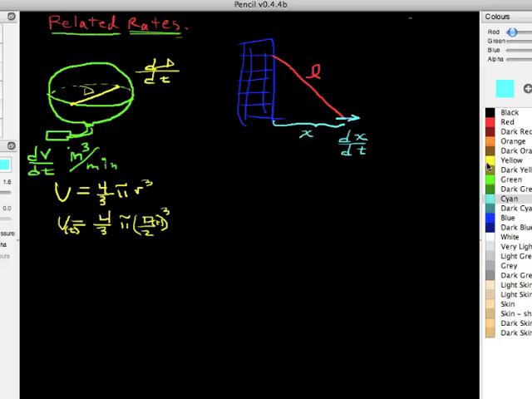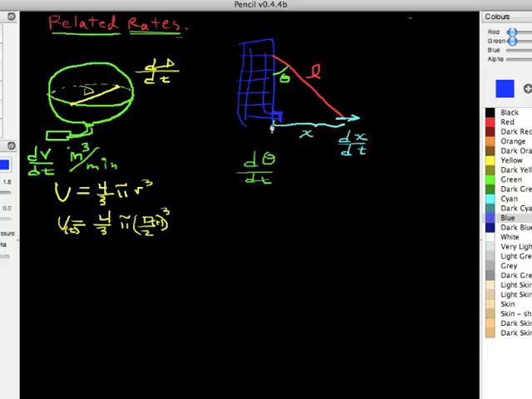We could answer the question. Let's suppose this ladder forms an angle theta with the building. We could answer the question of how fast theta is changing with respect to time. And right here, since this building is not the Leaning Tower of Pisa, we're going to form a right triangle right here.